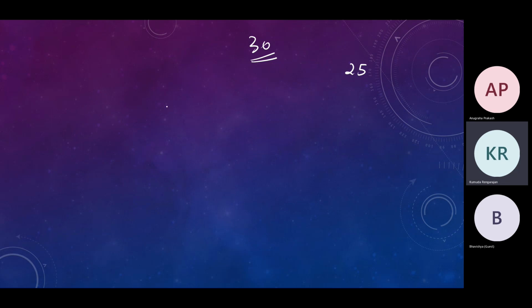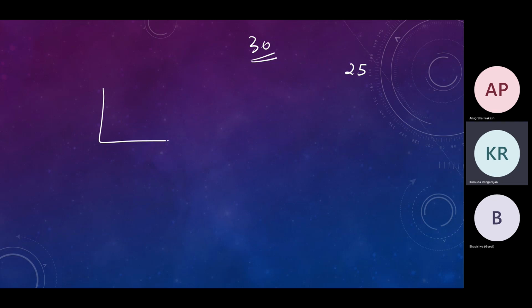25. So what will you do? You can accommodate only 25 students in the square. You want to accommodate everybody, but you cannot form a square. So you will make 5 rows and 5 columns, and you will make 25 children stand to form a square. Then 5 children are left out.